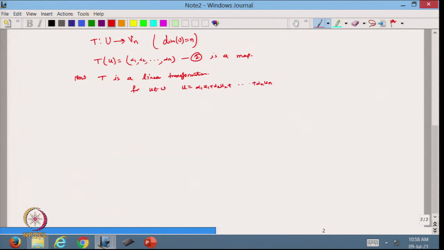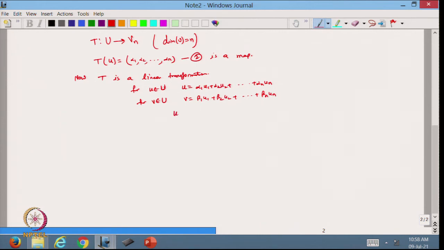This one I already know. And for an element v belonging to U, I can write v, sorry, I should take this as beta 1 u1 plus beta 2 u2 plus ... plus beta n un.